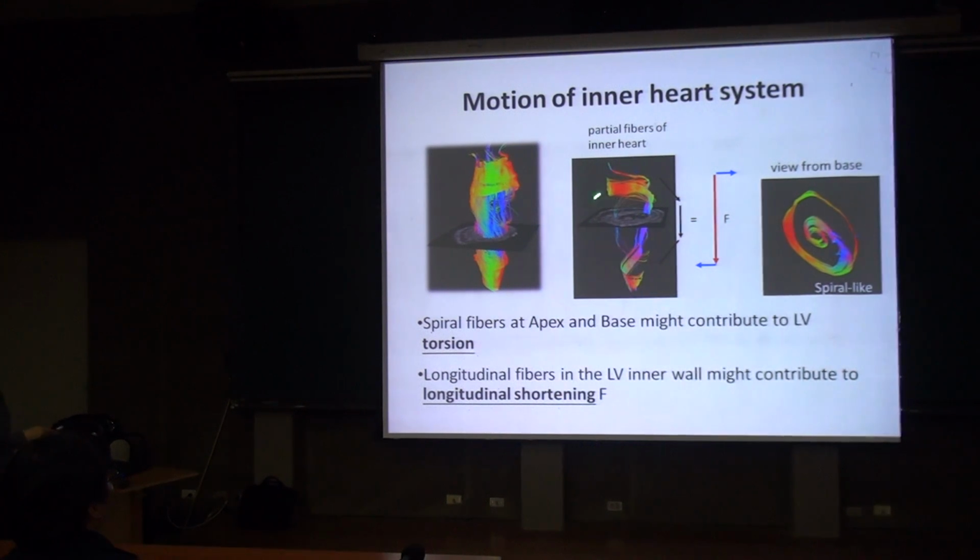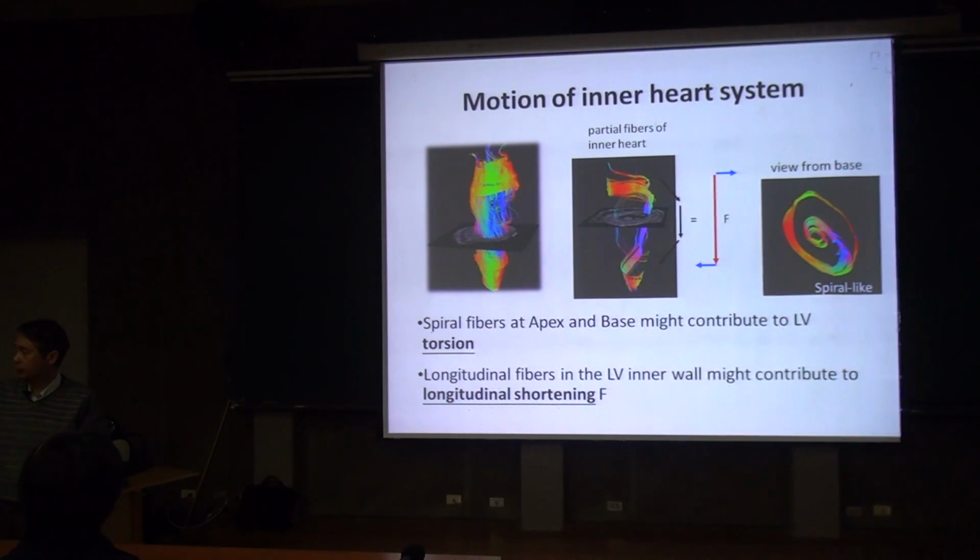One is like this. If we look at this fiber from top to down, it looks like a tornado. A part of the heart fiber in the inner heart is going this way.